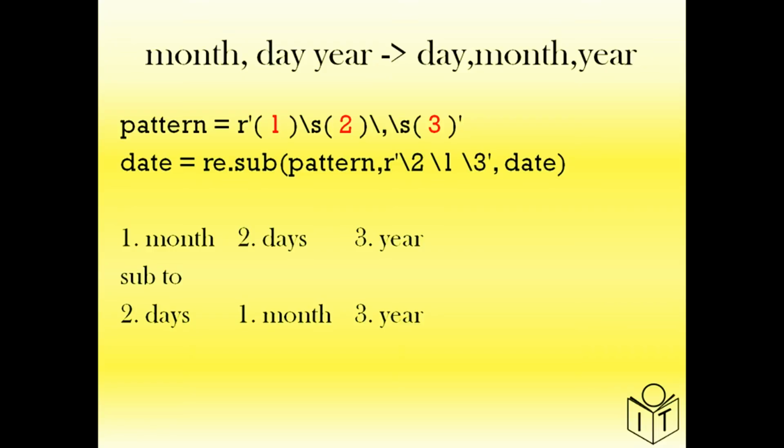Now in the re.sub I changed the order, so the second item is first, which is days, then the first item, which is month, and then the third item, which is year. So 2, 1, 3 changes the order of 1, 2, 3 that was in the pattern. So we could change, if you like, an American style of month day to day month, or even vice versa.